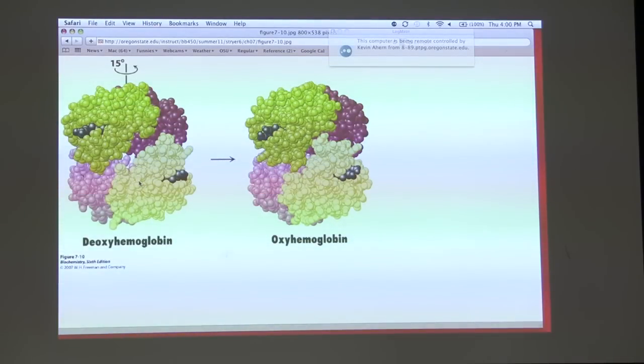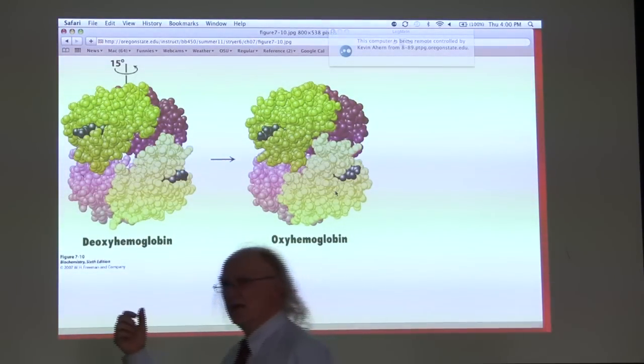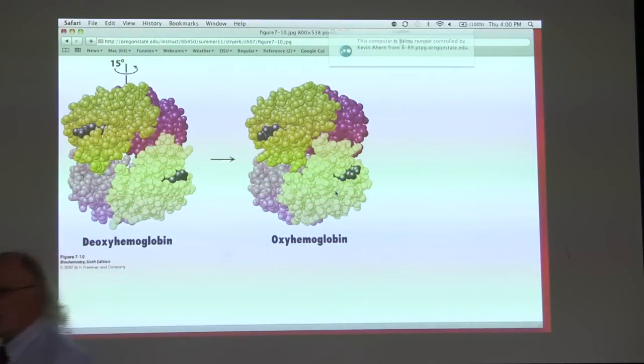It can. If it didn't, we wouldn't bind any oxygen at all, but it doesn't bind very well. We have to get some more oxygen in there before it really takes off. Once it flips, it's more relaxed, oxygen has greater access, and that relaxed state is called the R state. So the T state is low oxygen affinity. The R state is high oxygen affinity.